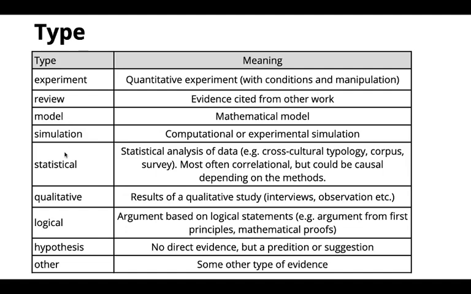A model or a simulation, a statistical test. It might be some kind of qualitative case study, logical argument, or this category hypothesis. So that means that there's no direct evidence, but there's a prediction or a suggestion. And this is really useful because if something is marked as a hypothesis, that's an indication that we might want to try and find more information, do a proper study on it to support that link.